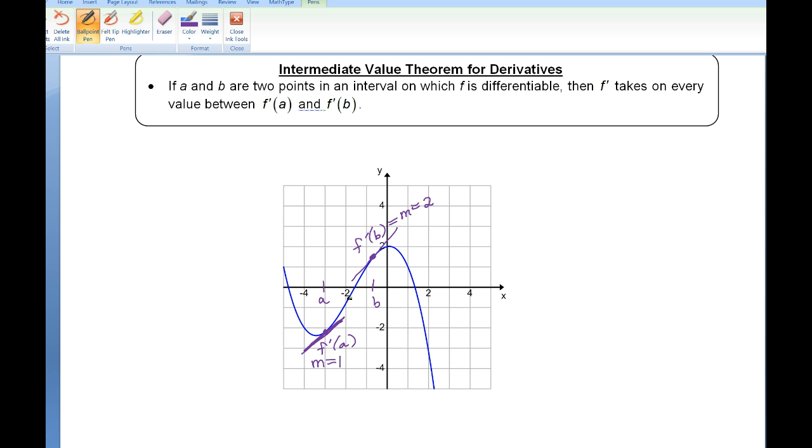So basically all the values between 1 and 2, there has to be every slope of those values. Exactly. It can't skip over anything. It's got to be a smooth, continuous curve, and so it can't jump from a slope of 1 to a slope of 2, otherwise that would be a corner. So it has to take on all the values in between. That's intermediate value theorem.